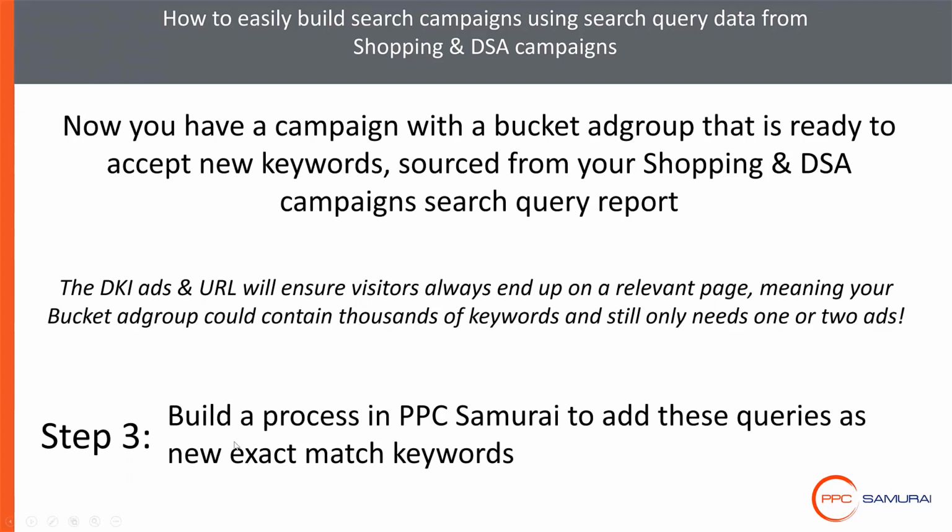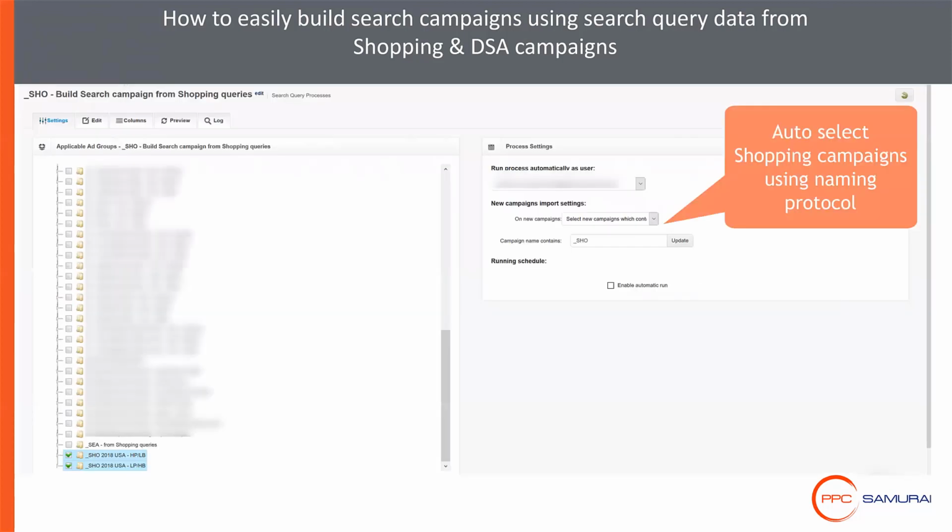All right. The other thing is that when we're building this process, I find it more effective if we just use exact match keywords that we add into this bucket ad group. So the way we do this is we build a new search query campaign, or search query process, sorry, where we use an option that a lot of people don't know actually exists, and it's only fairly new, where you can select new campaigns that contain some sort of naming protocol.